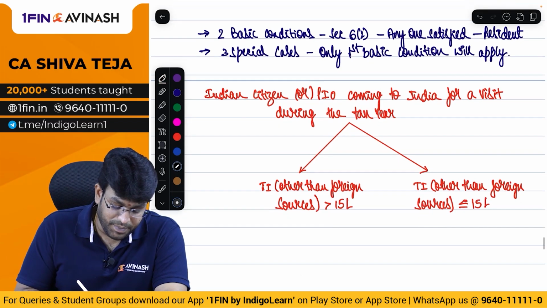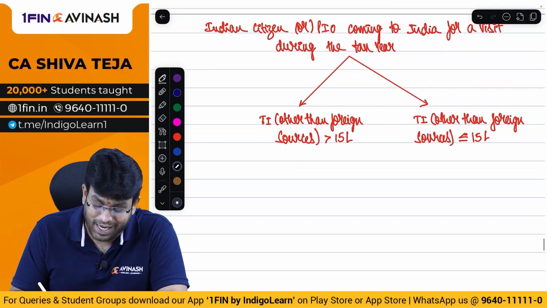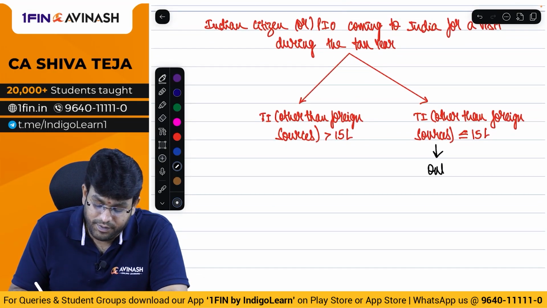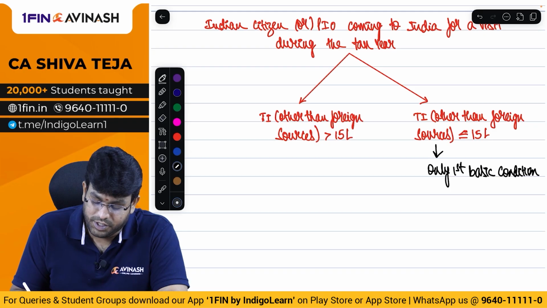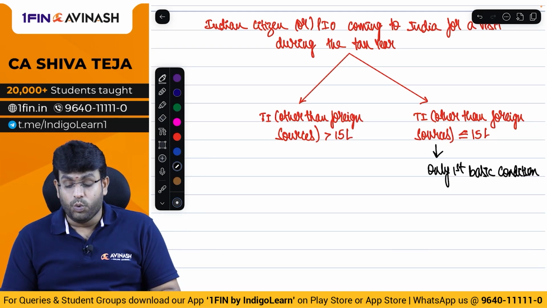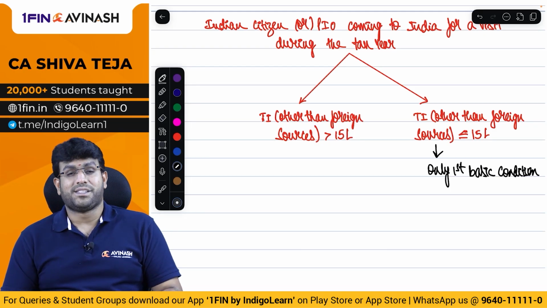If total income other than foreign sources does not exceed 15 lakhs, my dear friends, we will apply only the first basic condition. And what is that first basic condition? 182 days or more during the tax year.